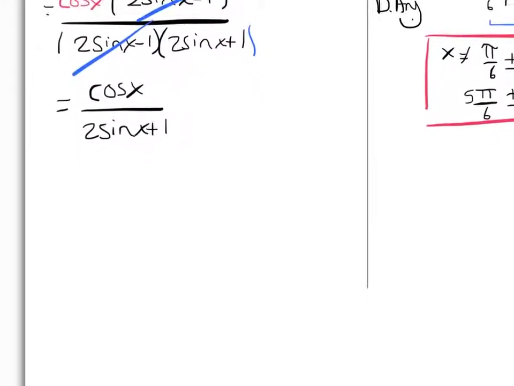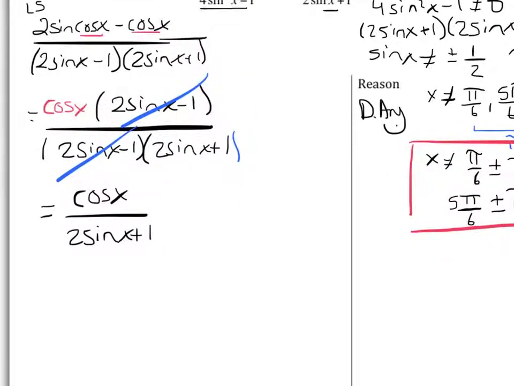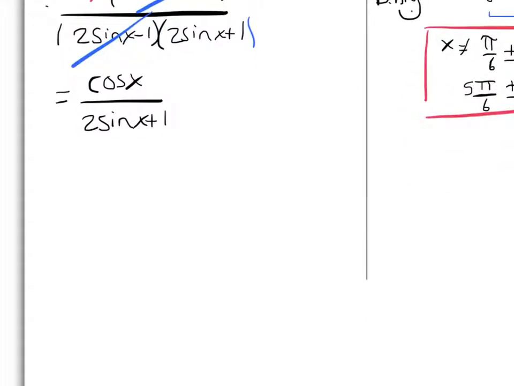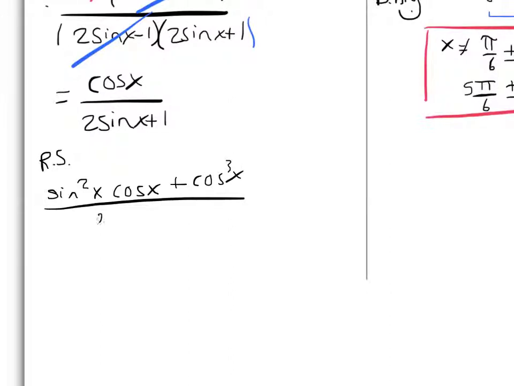So let's work on that. On the right side, we have the expression sine squared x cos x plus cos cubed x over 2 sine x plus 1.